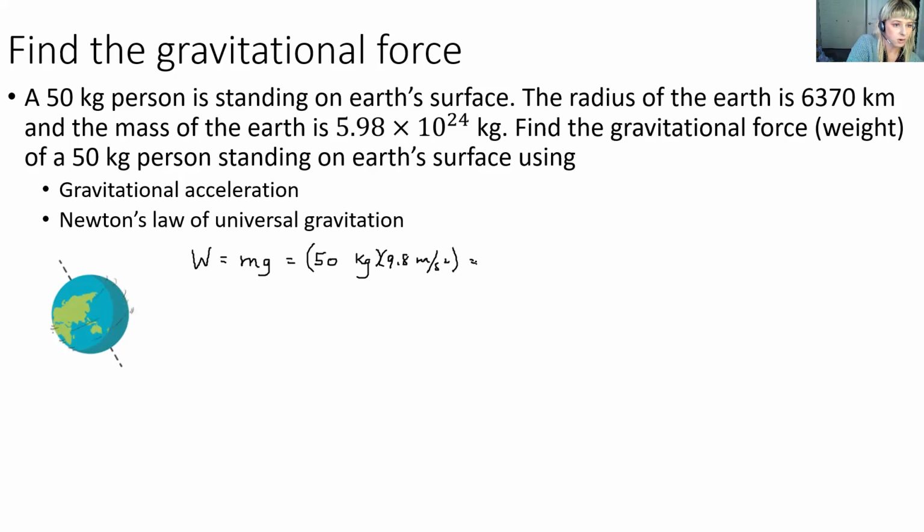So using what we've learned before about weight, their weight is 490. Their weight is a force, so this is going to be in units of newtons. Now let's use Newton's law of universal gravitation to find the gravitational force between the Earth and the person standing on the Earth.